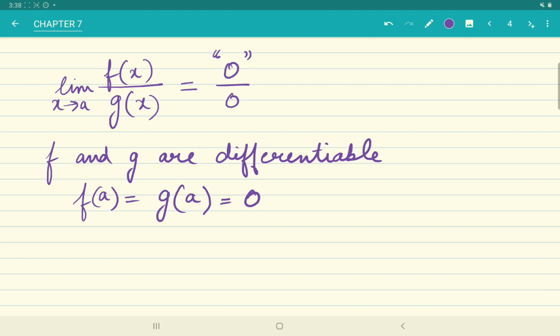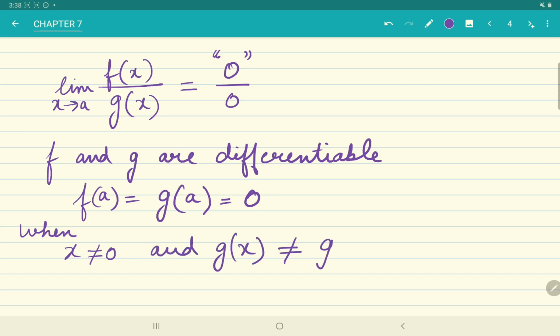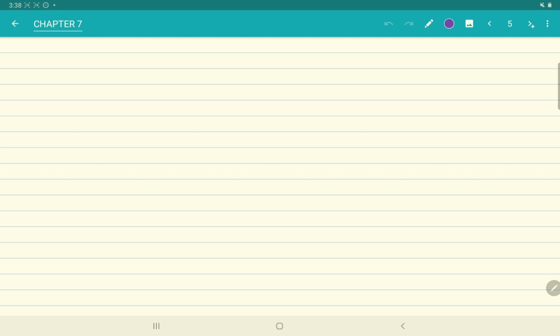Here f and g are differentiable, and I know that f of a is equal to g of a is equal to 0. Now in this case, when I have x not equal to a and g of x not equal to g of a, when this is the case, then I can easily show this.